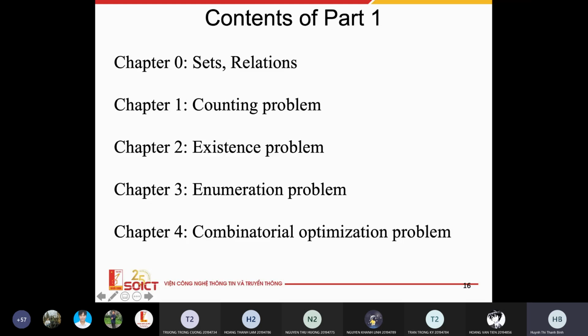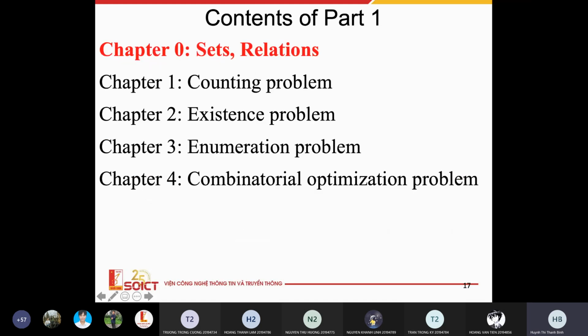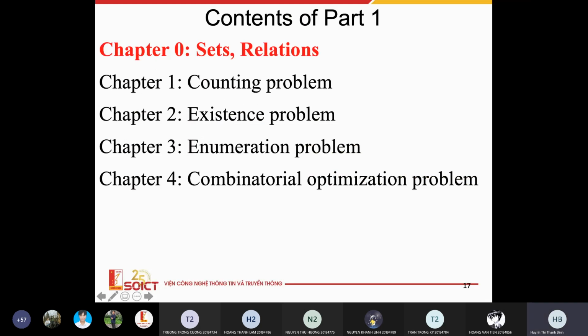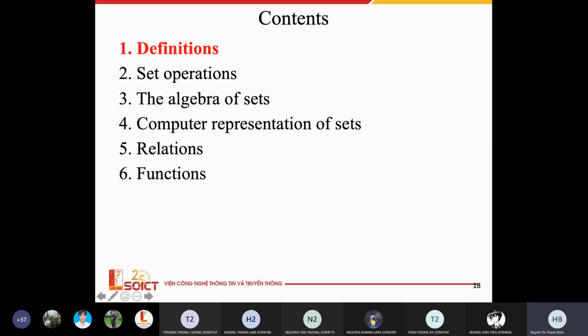I think that you already studied in high school about set and relation. Related to set and relation, we need to know the definition. What is the set operation?